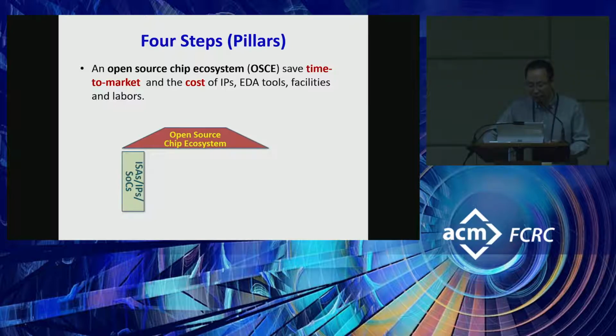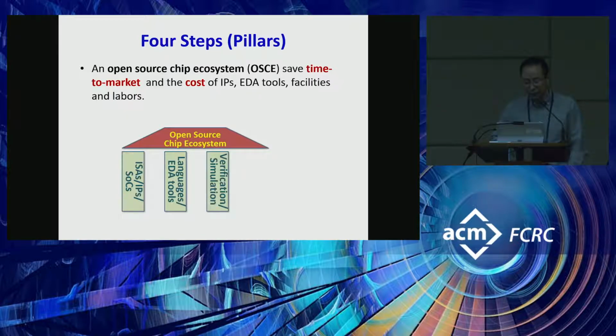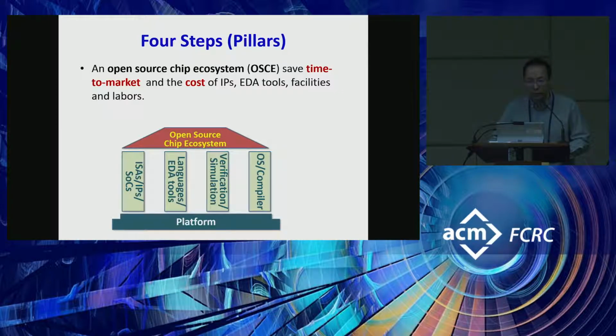Then we need open source languages and EDA tools, and also low-cost verification and simulation, and also system software support like operating systems and compilers. So we need a platform to support all these 4 parts.